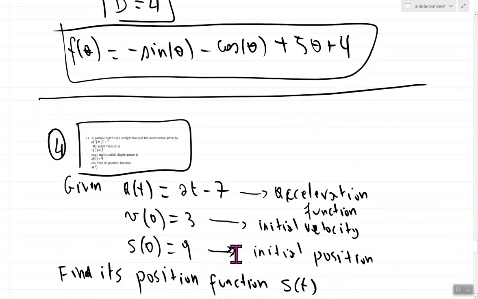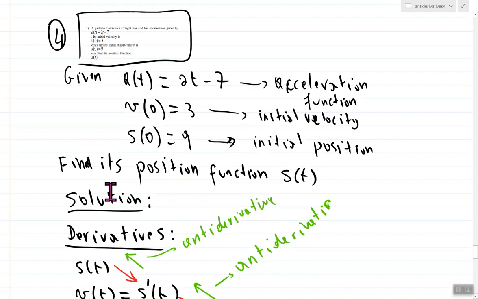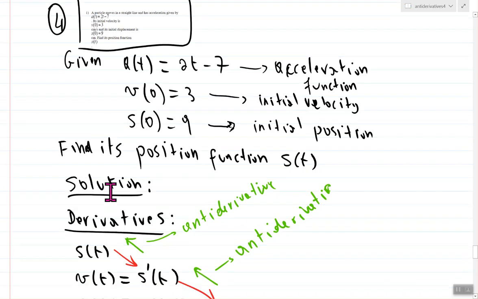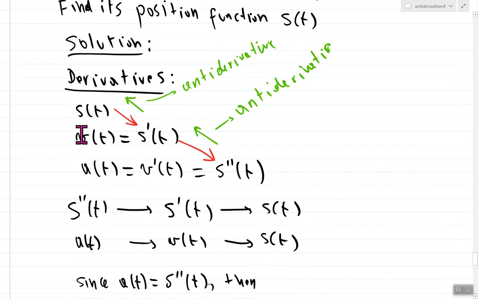Another example here is applications. So for the applications, we know that if you are given a position function, you take the derivative of the position function, you get the velocity function. If you take the derivative of the velocity function, you get the acceleration function. Okay, so we're going to do it backwards now.